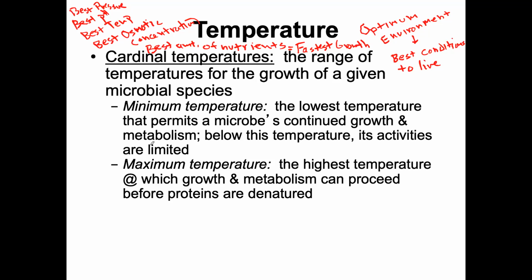Right, so you could set a window here. You got minimum temp, you got maximum temp, and then somewhere in between, you're going to have what's called the cardinal temperature, which is the best temperature.